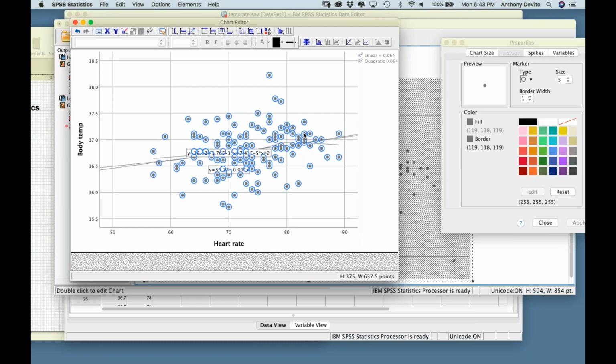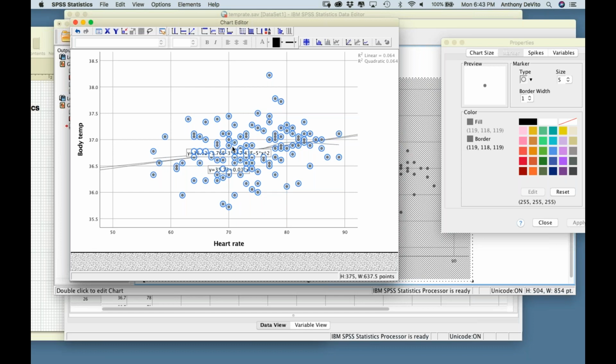Their heart rate is about 83, and their body temperature is about 37.2 degrees centigrade. And if I picked another dot, it would be different, and so on and so forth.